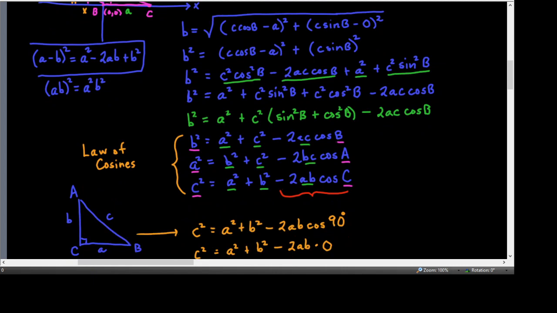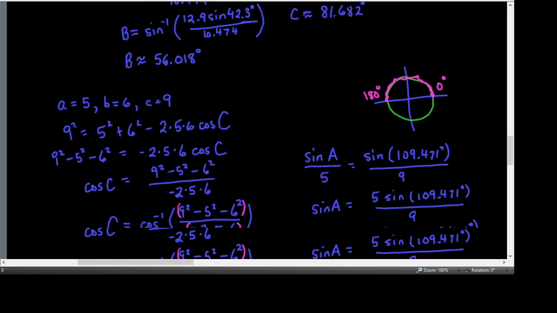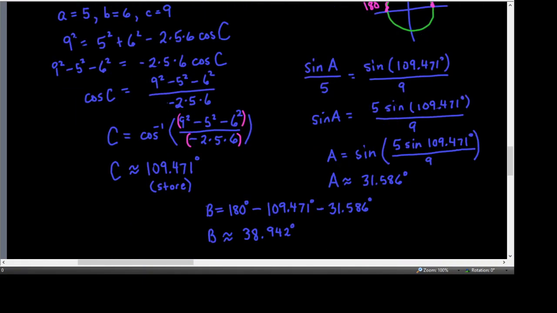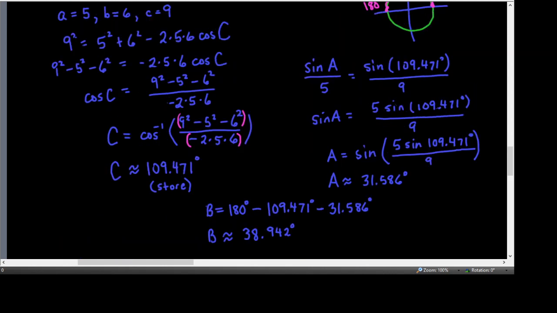This was the triangle that was given side, side, side with 5, 6, and 9. Read the directions for that one again. What did it say our answer needed to be once we finished? Yeah, each of them was supposed to be rounded to the nearest tenth of a degree.